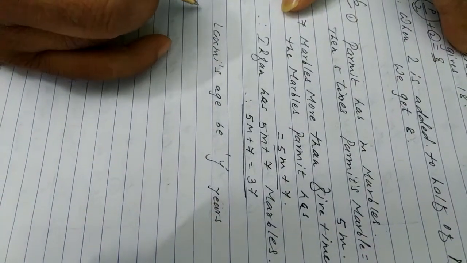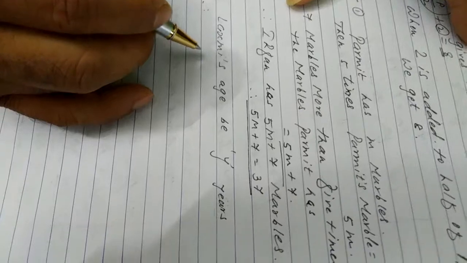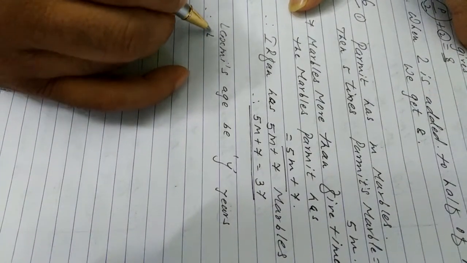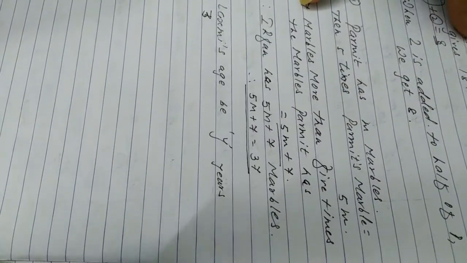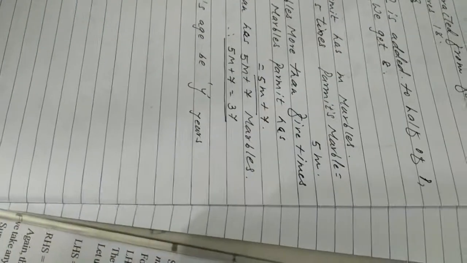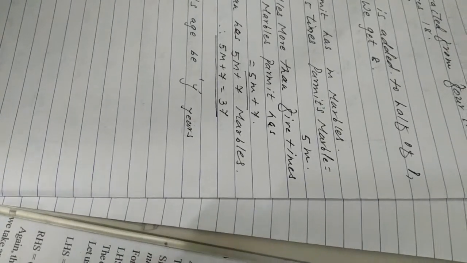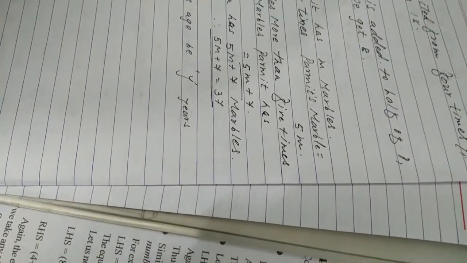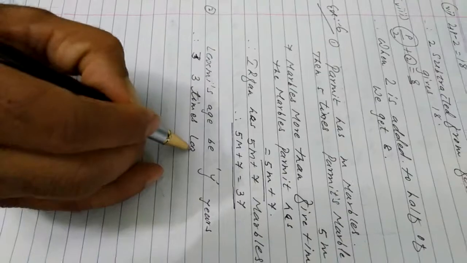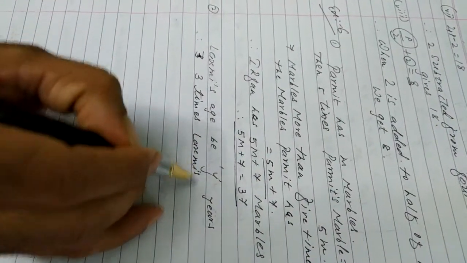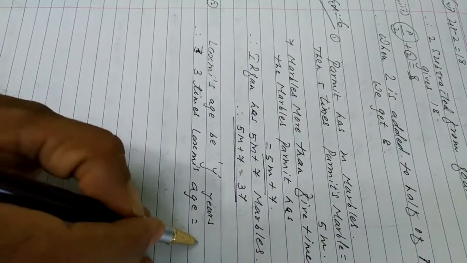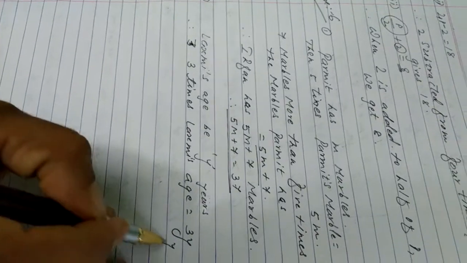Therefore, 3 times Lakshmi's age is equal to 3y years, right?